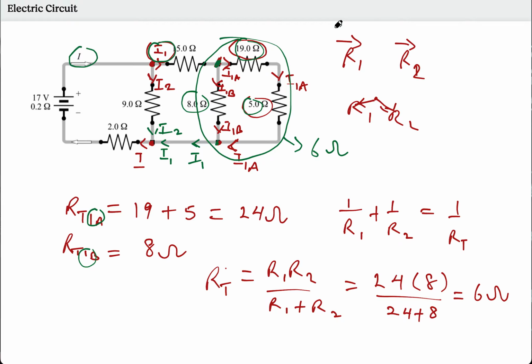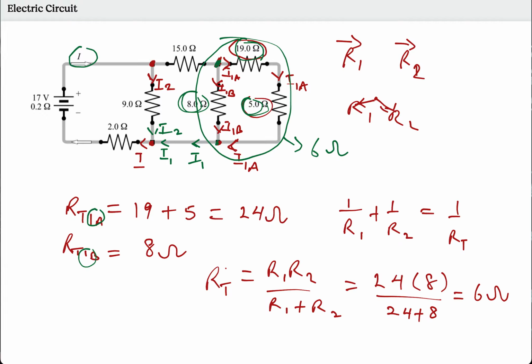Now, if you notice again, I told you that the same current will be flowing through any resistors that are in series connection. And I1 that we have just established is the entire thing that flows through the 19 ohms, the 5 ohms, and the 8 ohms, because I1 was the one that split into I1A and I1B. But there's another thing that I1 flows through. I1 was also the one that flowed through this guy right here, the 15 ohm.